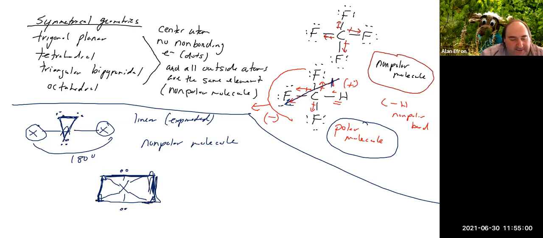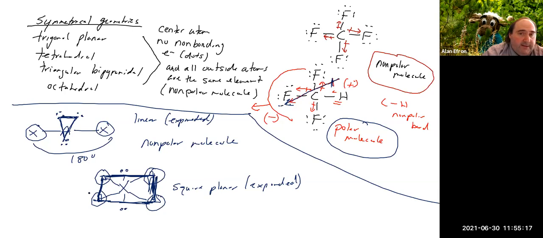I think I'm making it worse. There you go. So that's our square planar geometry, also an expanded octet. And again, here we do have dots, but if all these guys on the outside are the same element, it's basically a square, right? And a square basically is 2 people going this way and 2 people going this way. And if they're the same, they will cancel each other out.